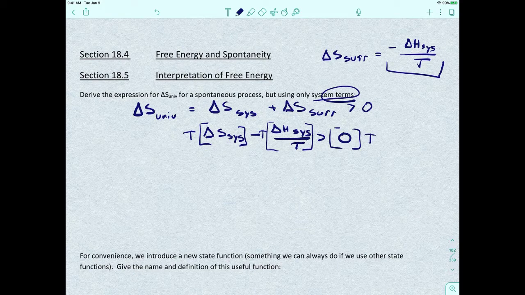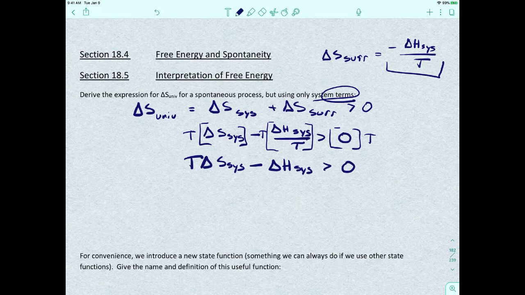Zero times T is still 0, so we don't have to worry about that, but here's what we get: T times the change in entropy of the system minus the change in enthalpy of the system is going to be greater than 0.